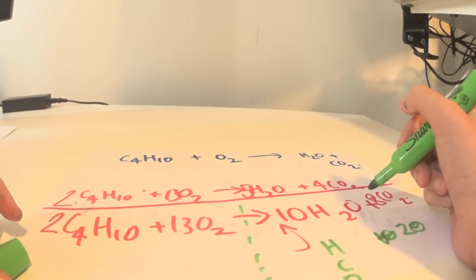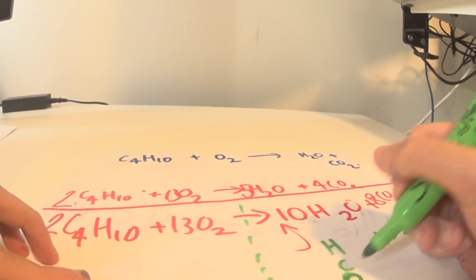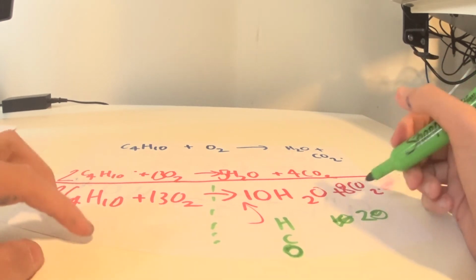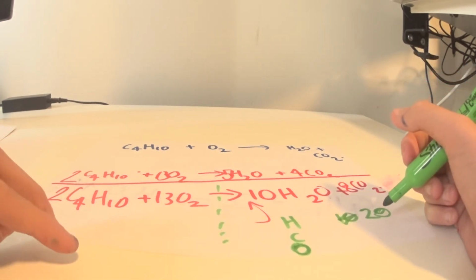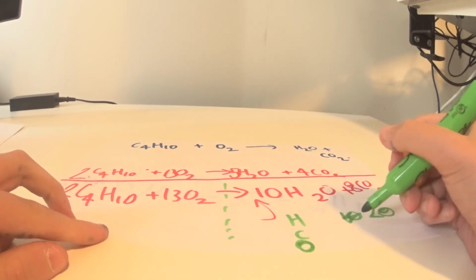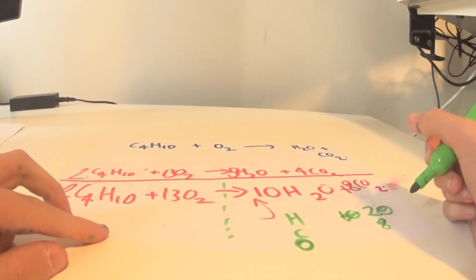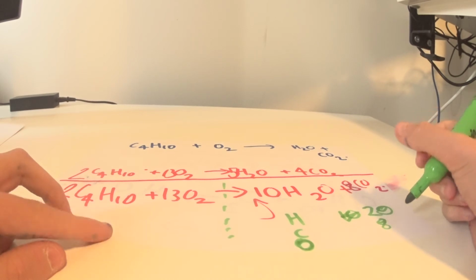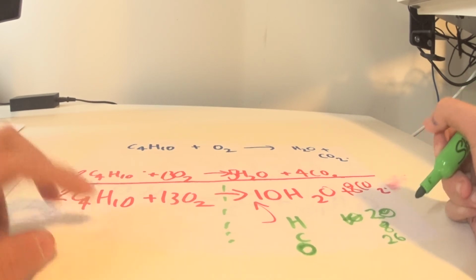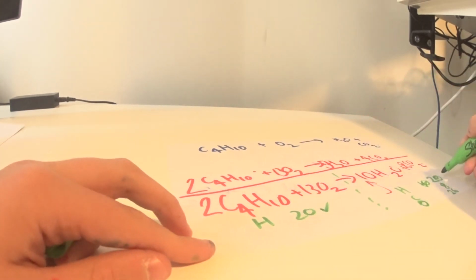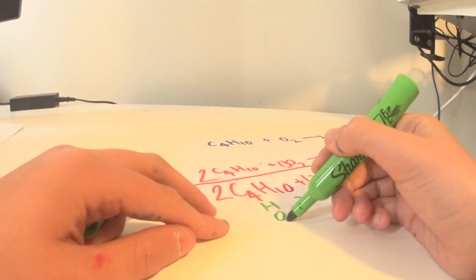Then we have how many carbons? We've got 8. And how many oxygens? 26. How many hydrogens on this side? We need to have 20. 20, tick. So hydrogens are balanced.